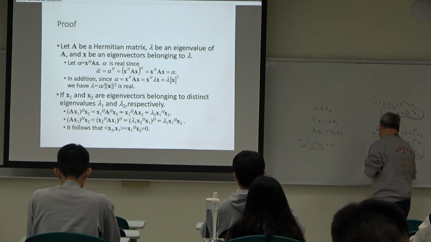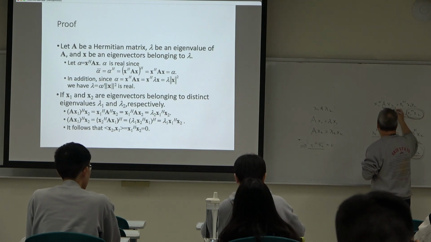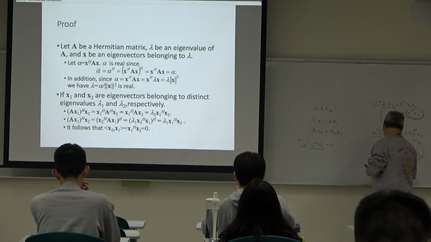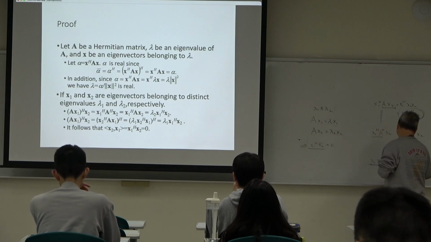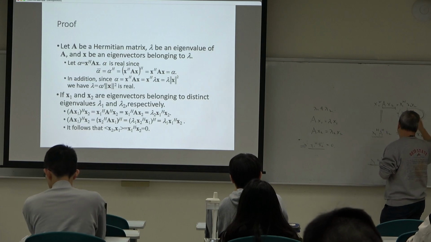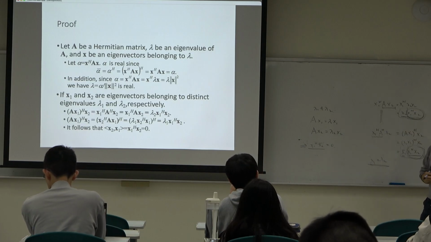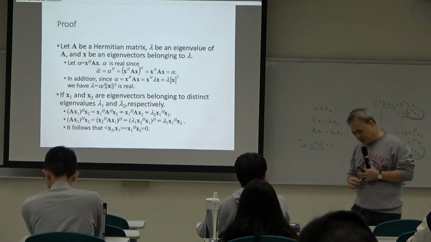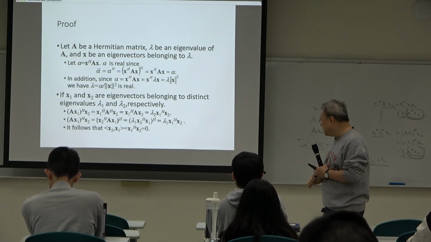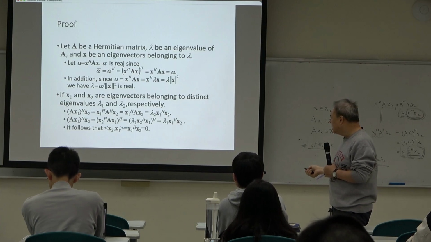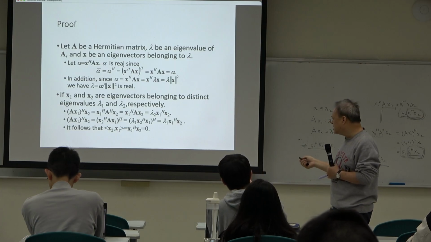And we already know lambda 1 is different from lambda 2. So the only possibility for these two to be the same is that the inner product of x1 and x2 is 0. Okay, I think I could prove that.